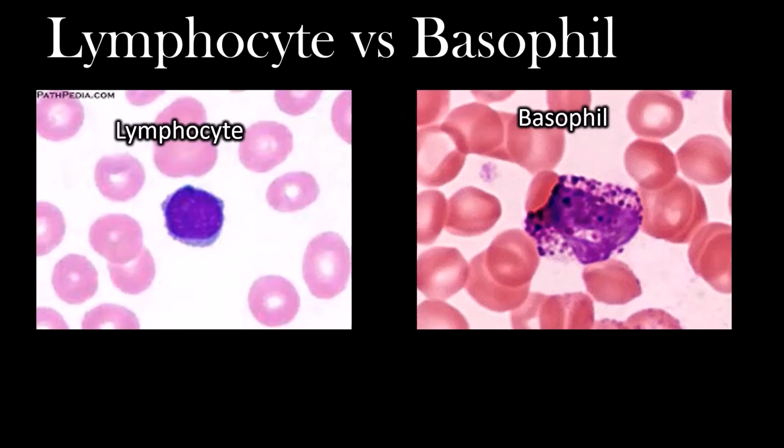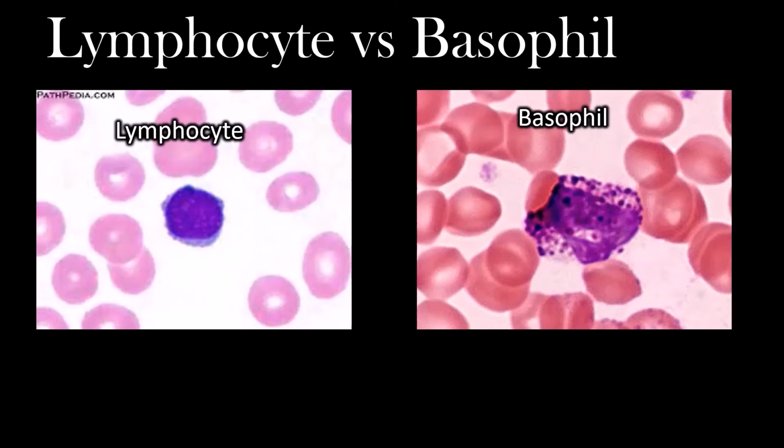Now I want to point out a couple mistakes I've seen quite a few students make. It's really important you're thinking about the size, color, and the nucleus, as well as the texture, if it's grainy or not.